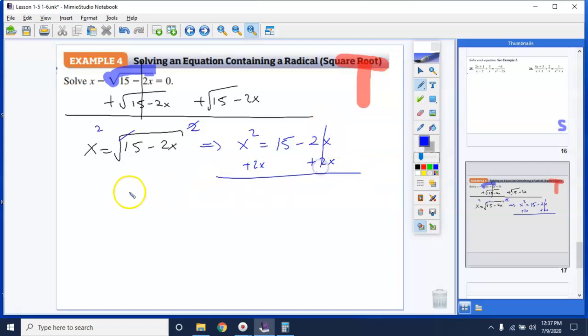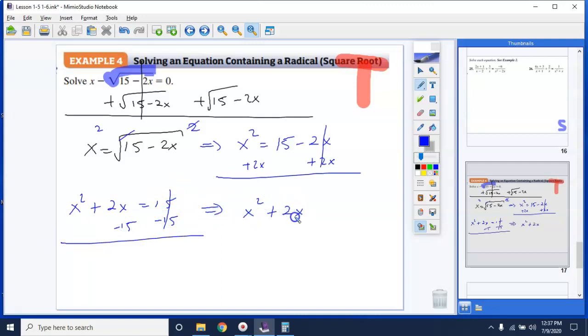These two will cancel: x squared plus 2x equals 15. Lastly, let's subtract 15, and these two will cancel each other: x squared plus 2x minus 15 equals 0. Right now, I'm ready to solve my quadratic equation.